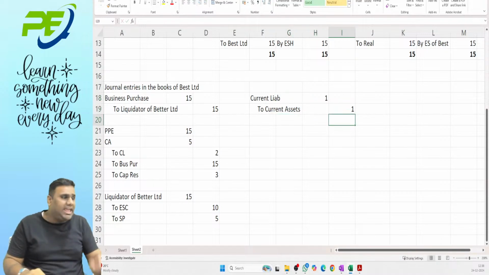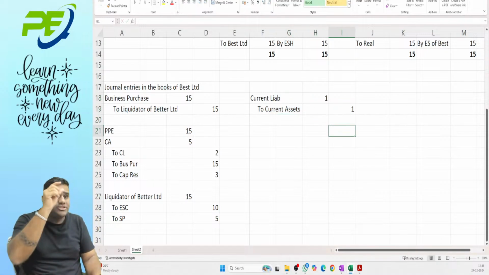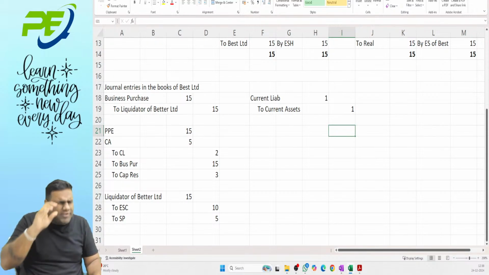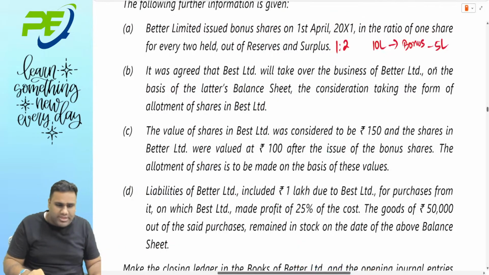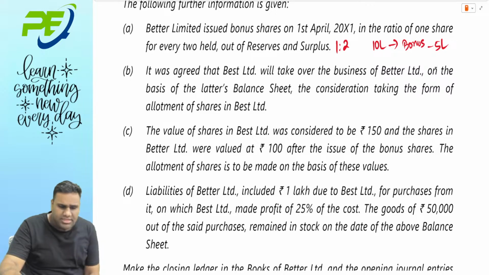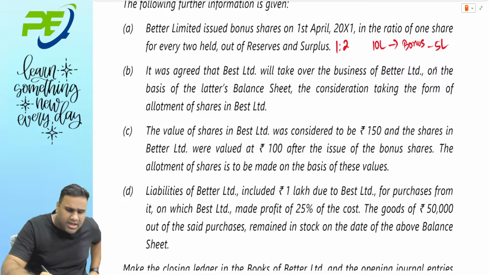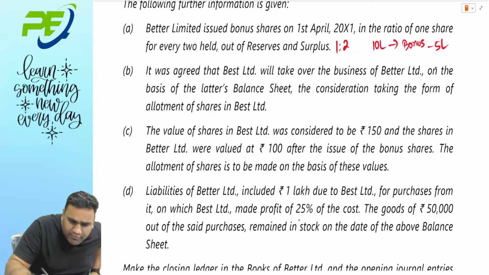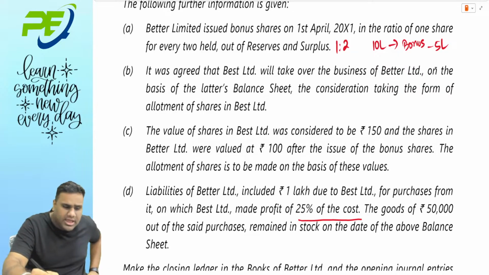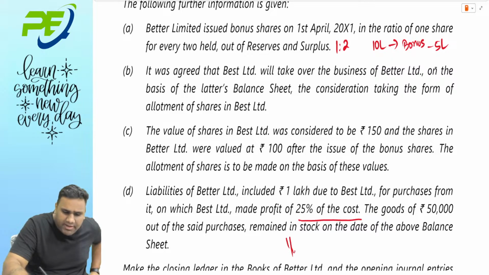And finally, in that stock we have to reverse the profit. Liabilities included 1 lakh due to Best for purchases from it, on which Best Limited made a profit of 25% on cost. 25%, can I write 1/4 on cost?